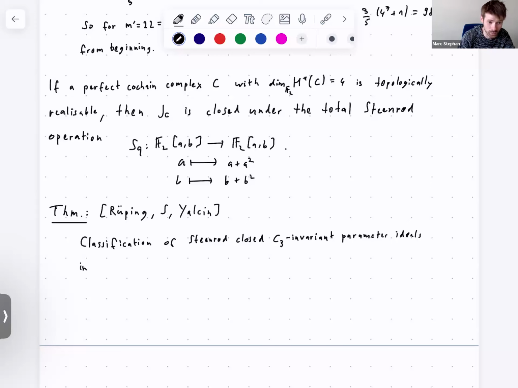So this was in the group cohomology of C2 cross C2.